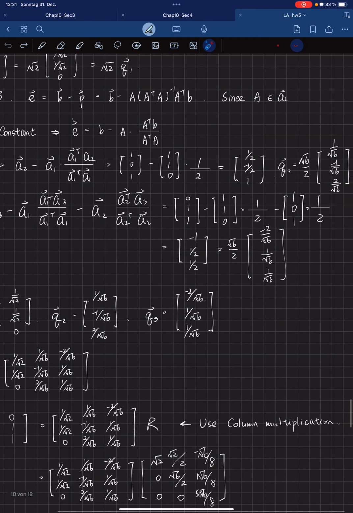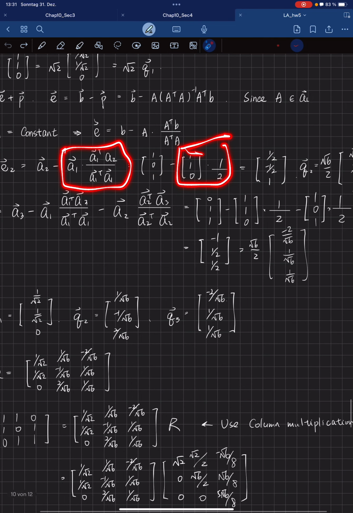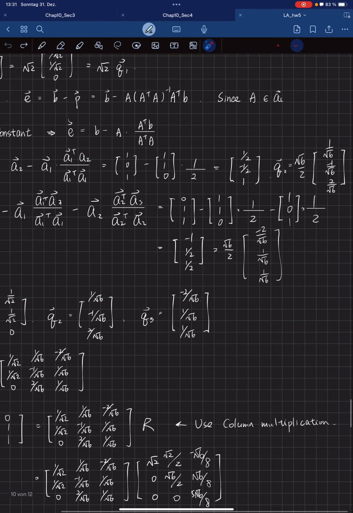I'll skip all these calculations, like this is A2 and this thing here, and at the end we'll get this vector. This is a vector that is orthogonal to A1, but it's not quite a unit vector yet. So we turn it into a unit vector by taking the square root of 6 over 2 out of the vector, and we get this as our Q2. Right.